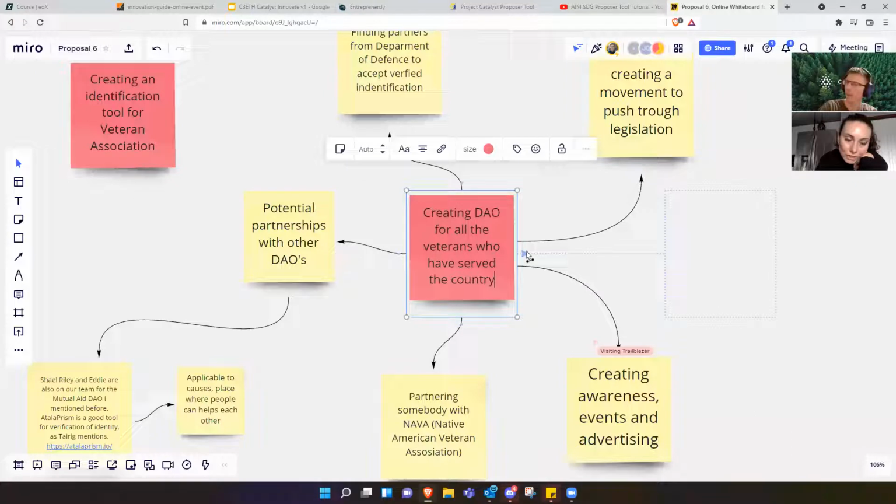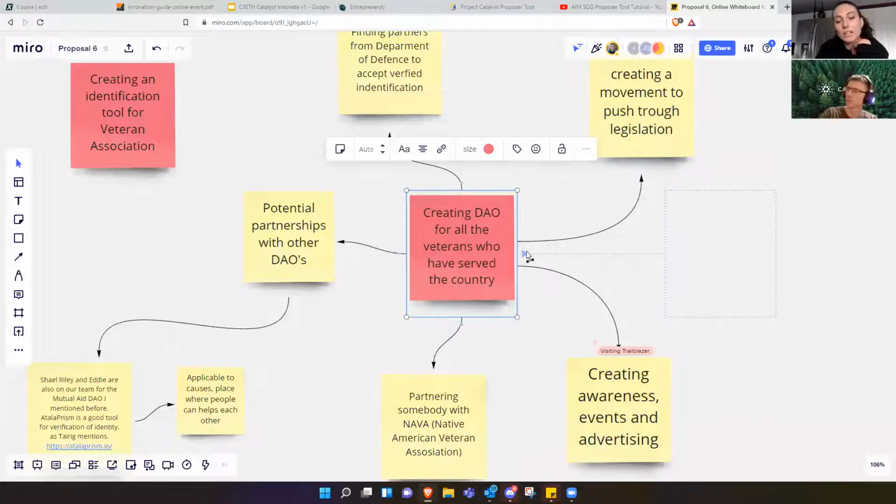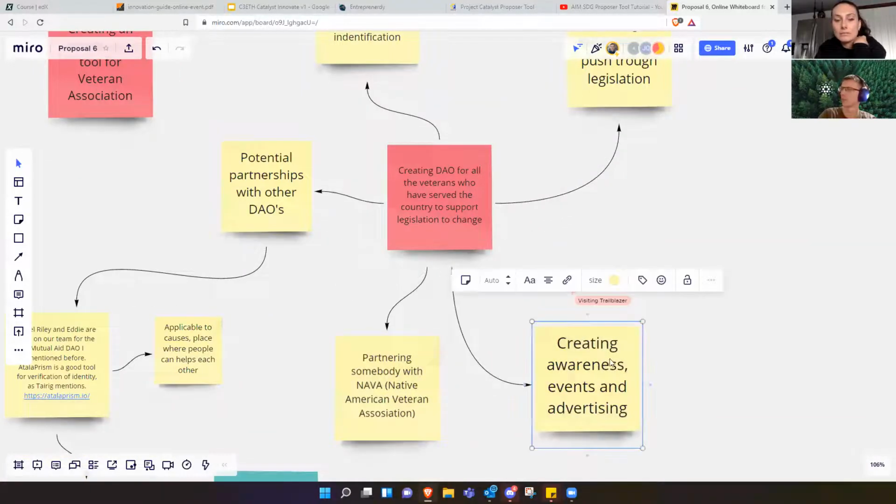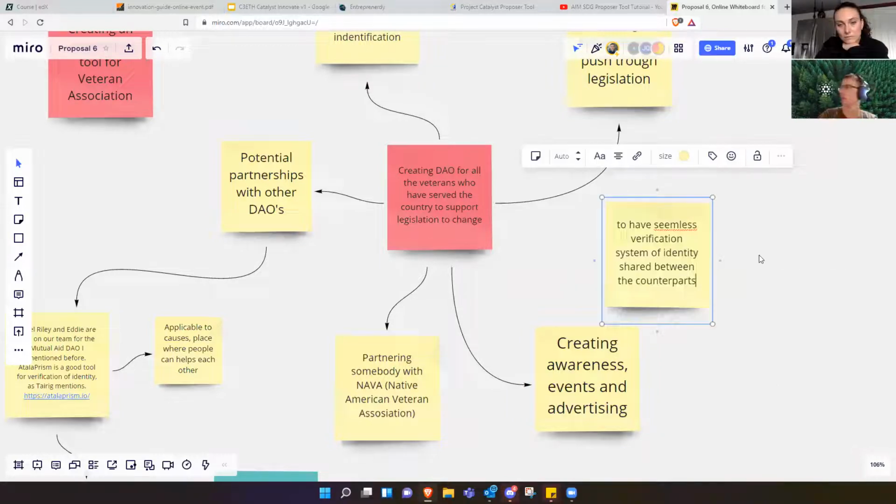Creating a DAO for all veterans who have served the country to support legislation to have a better identification system shared between the DoD and the VA, something like that.